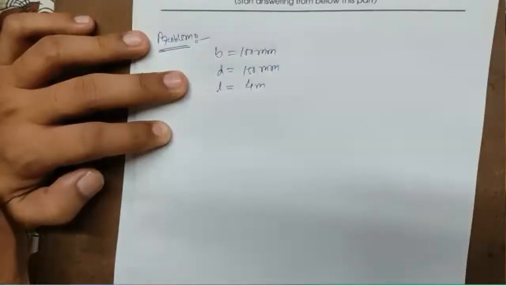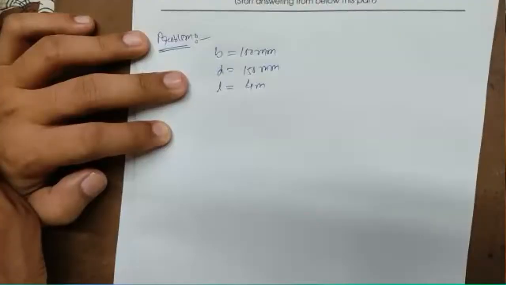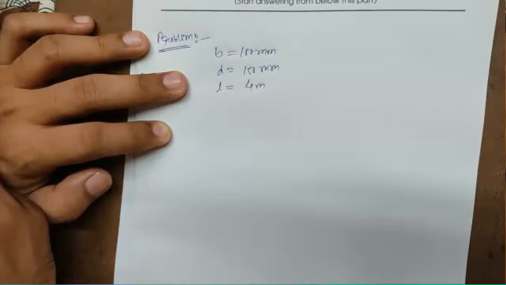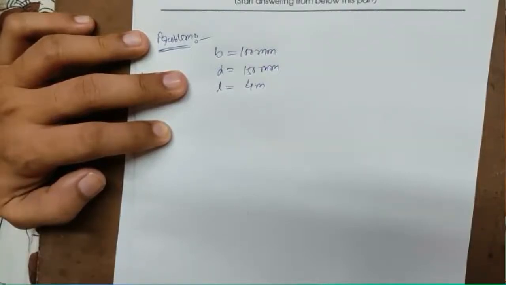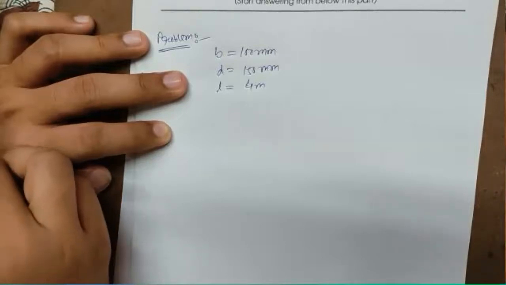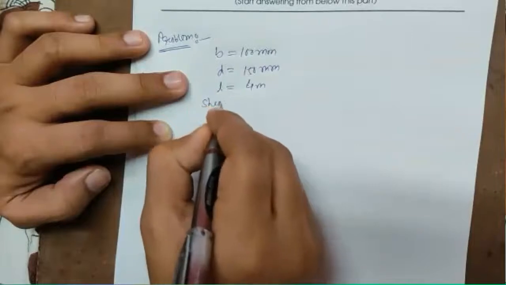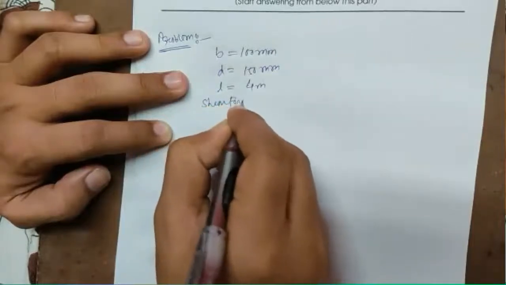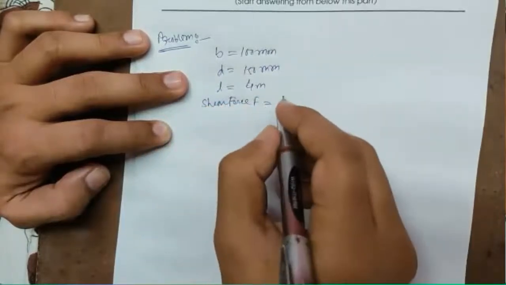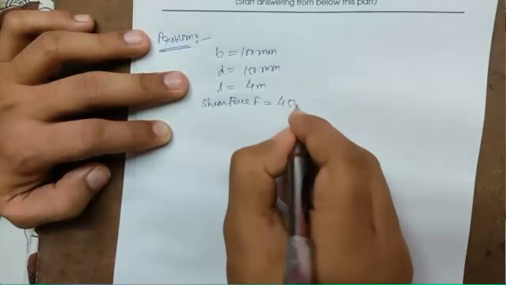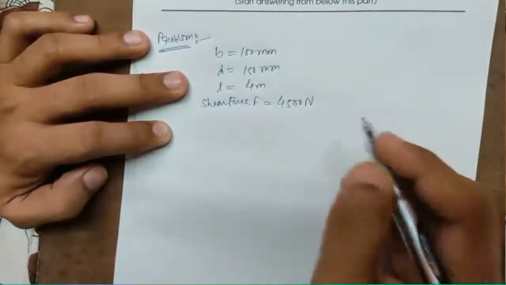Okay, a wooden beam, 100 mm wide, 150 mm deep, simply supported over a span of 4 meters. If the shear force at a section of the beam is 4500 Newton, shear force F is 4500 Newton.